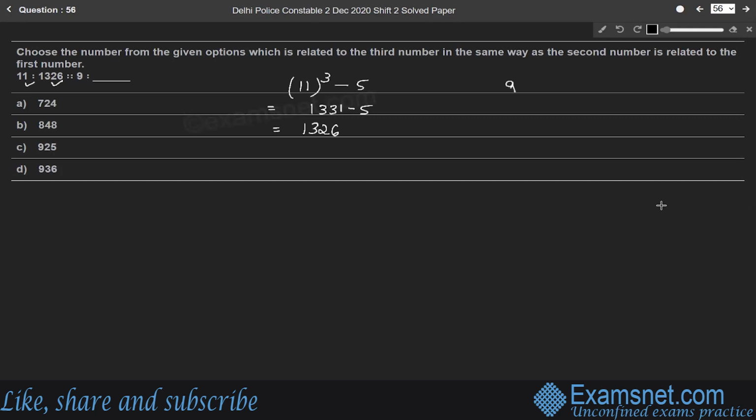Similarly, 9 cube minus 5. 9 cube is 729, minus 5 is 724, right? Therefore, option A is the right answer, right? 9 is related to 724.